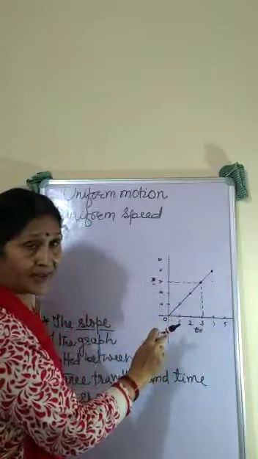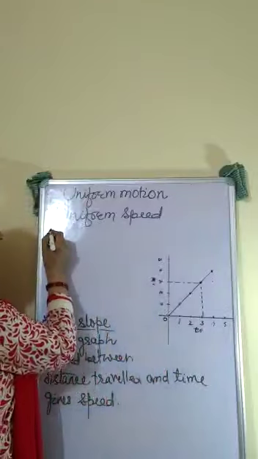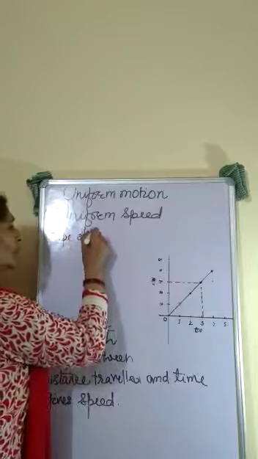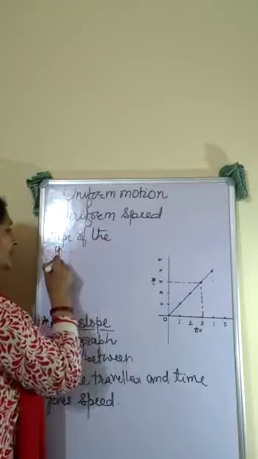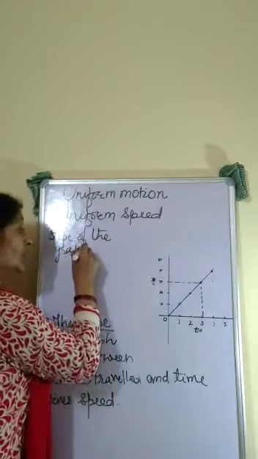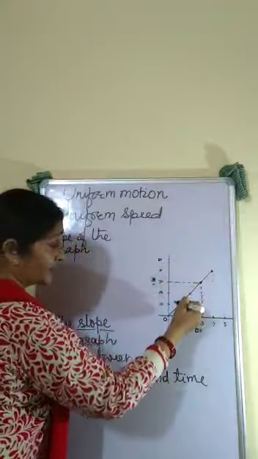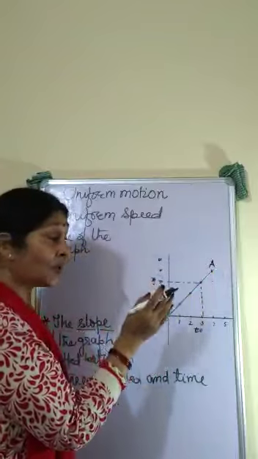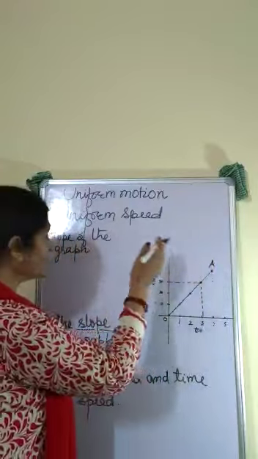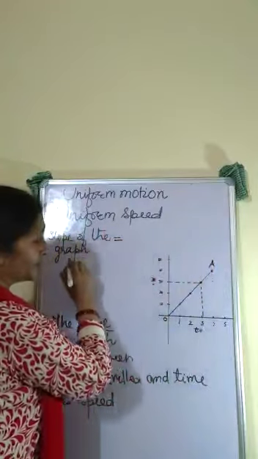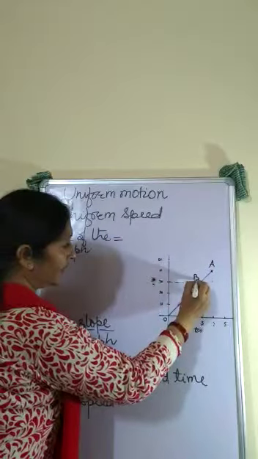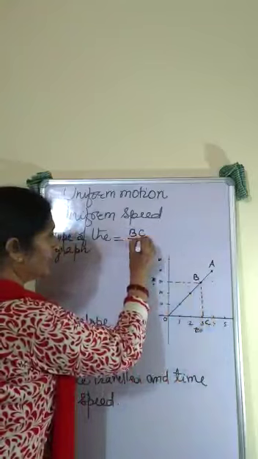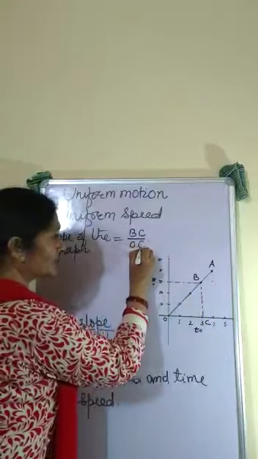In this case, the slope of this line OA will be equal to BC by OC.